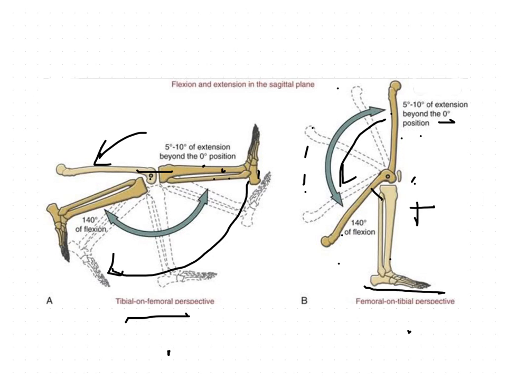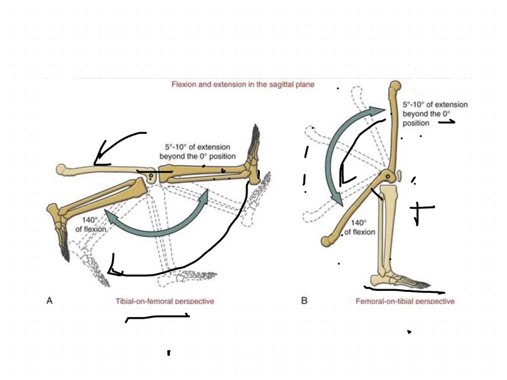So whenever you are studying whether it may be osteokinematics or arthrokinematics, you have to consider this. Whether the femur is moving on the tibia or the tibia is moving on the femur, then you will get the idea whether it is a closed or open kinematic chain.